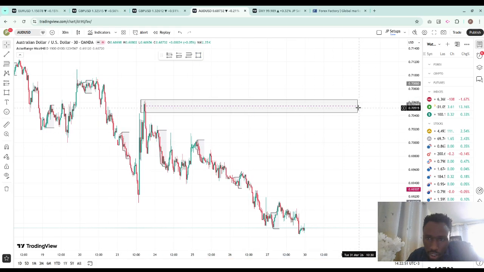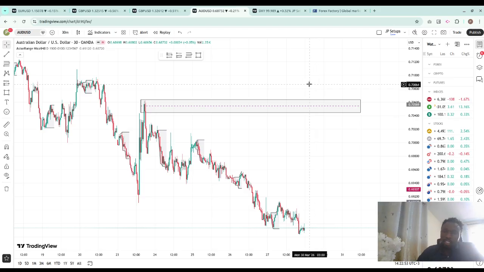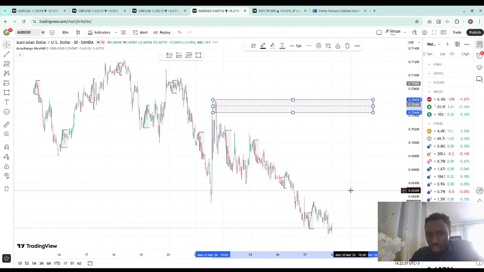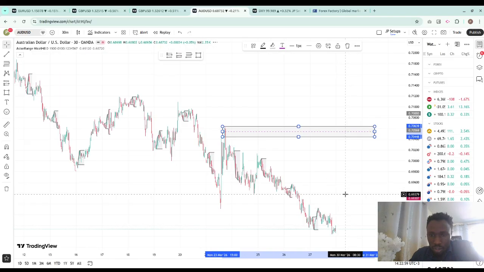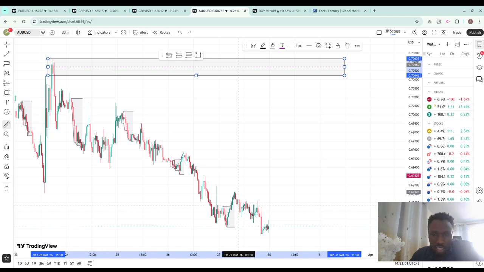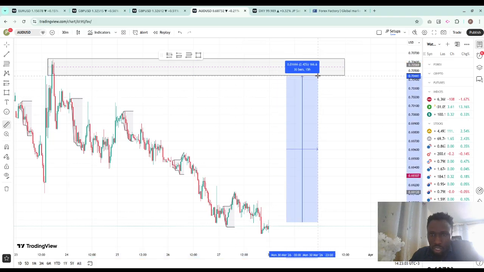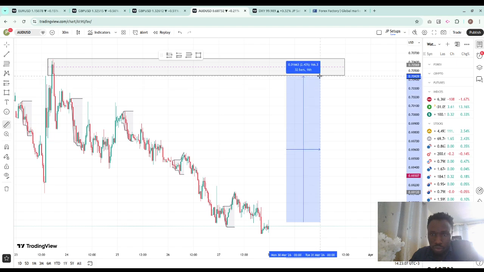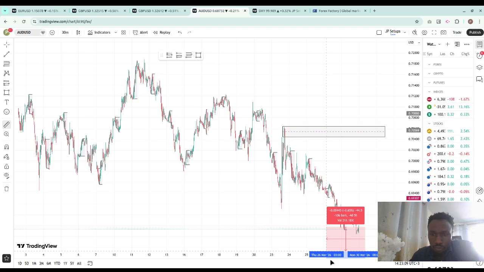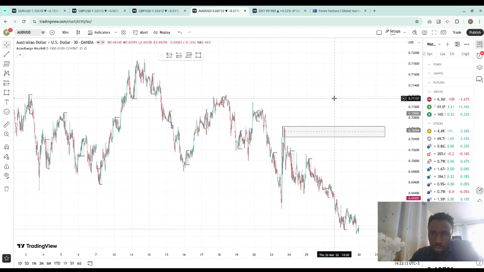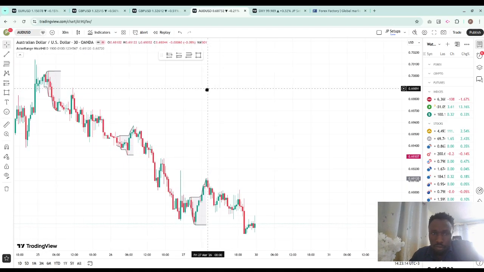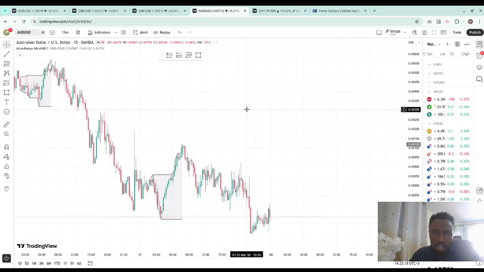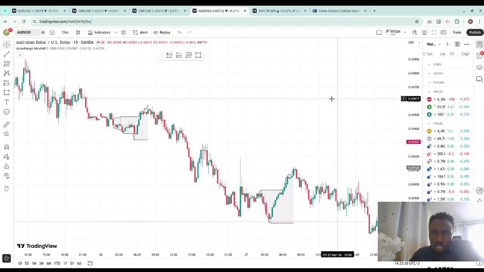The probability of it coming back to this point and then dropping is very low, considering the pips covered from here to this point are too long compared to the way it's dropping. So I'm still favoring sales, although I don't have an entry point on the AUDUSD.